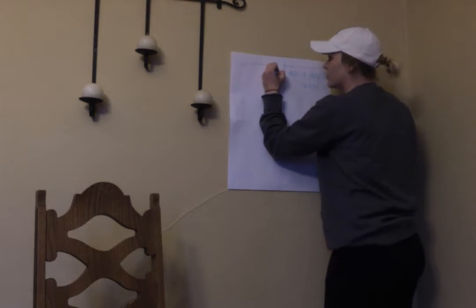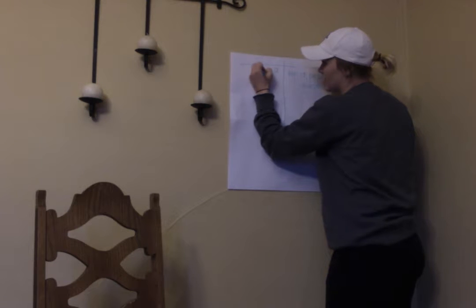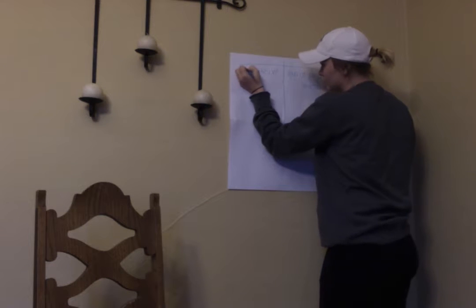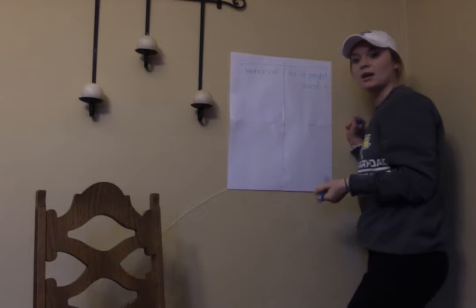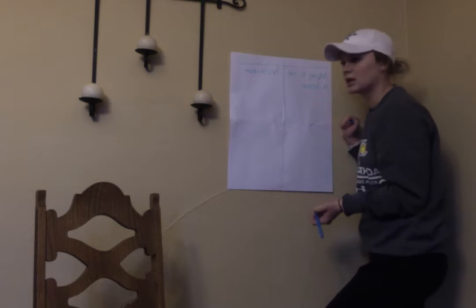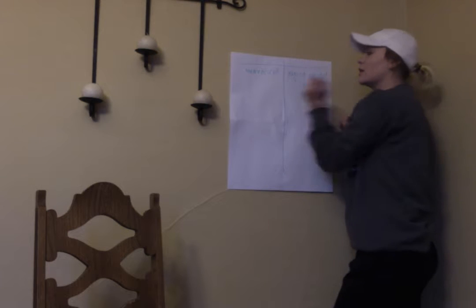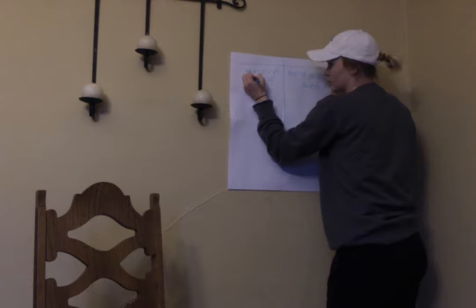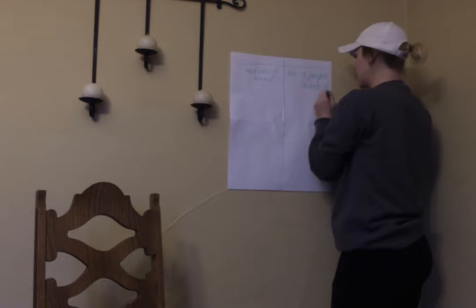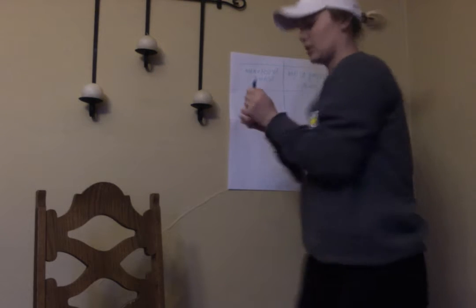So I'm going to put frustrated for his mom. I also think that maybe she might be kind of scared that David might get hurt because he's standing on a chair reaching for something on the very top shelf. Oops. I'm going to make a line for our next page.